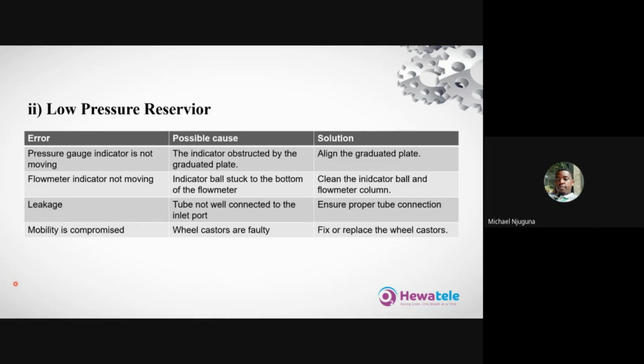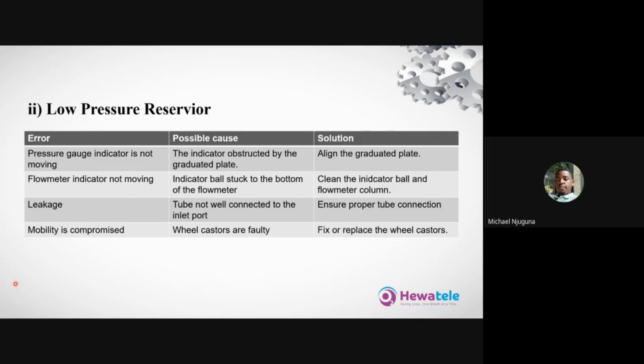And this is also something that has been witnessed in oxygen regulators for cylinders, where you find the graduation plate of the pressure gauge is pressing towards the front, or rather leaning in a manner that is obstructing the indicator from moving up.